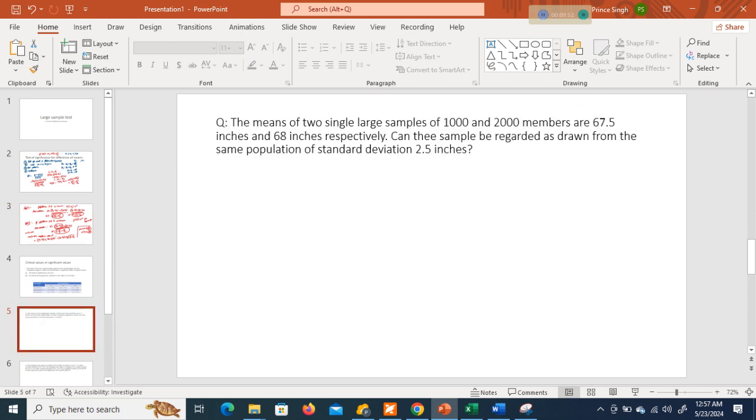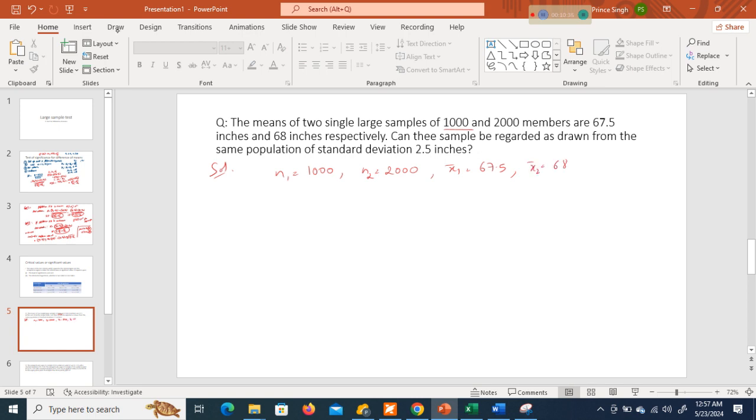subjective problems first. In this question, the means of two single large samples of 1000 and 2000 members are 67.5 and 68 inches respectively. So we are given two samples with sample sizes n1 is 1000 and n2 is 2000, and the sample means x1 bar is 67.5 and x2 bar is 68 inches.